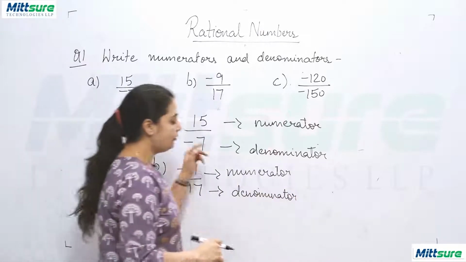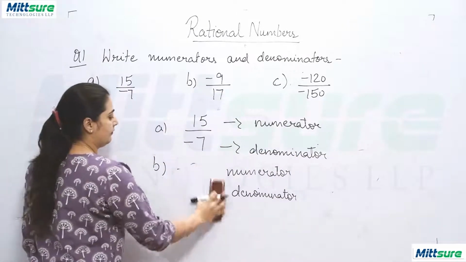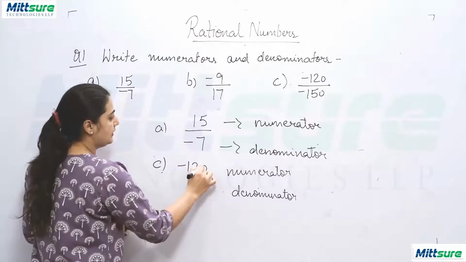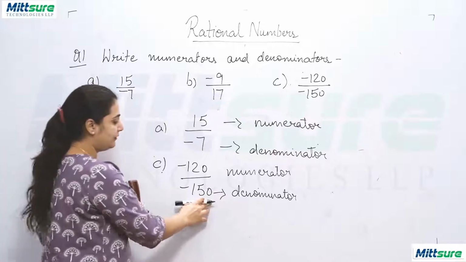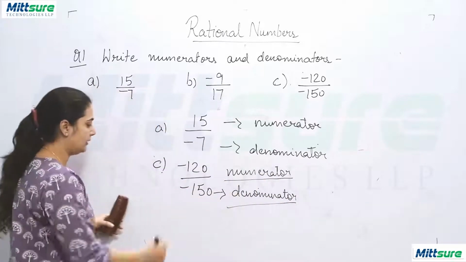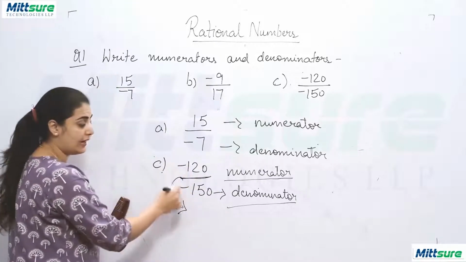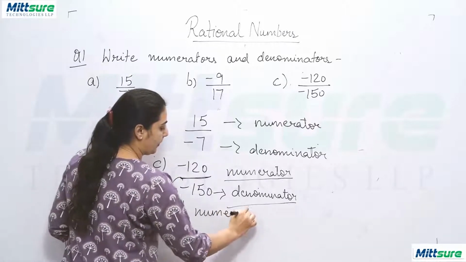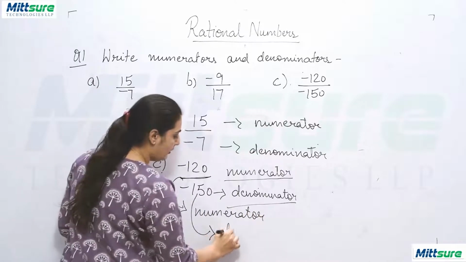Clear? Now, in the last, minus 120 upon minus 150. Obviously 150 is the denominator and minus 120 is the numerator. So whatever number you have above the upon sign or the division sign is your numerator, and the number below the upon sign is your denominator.